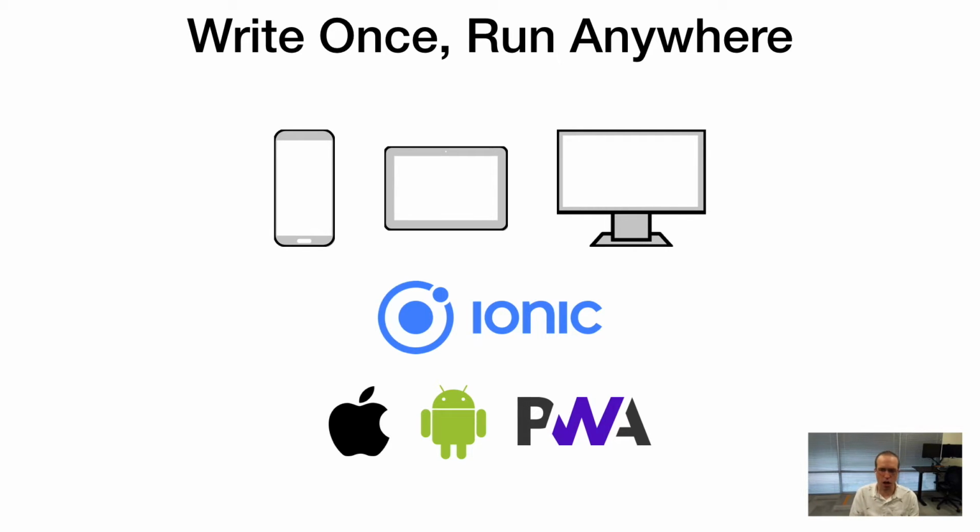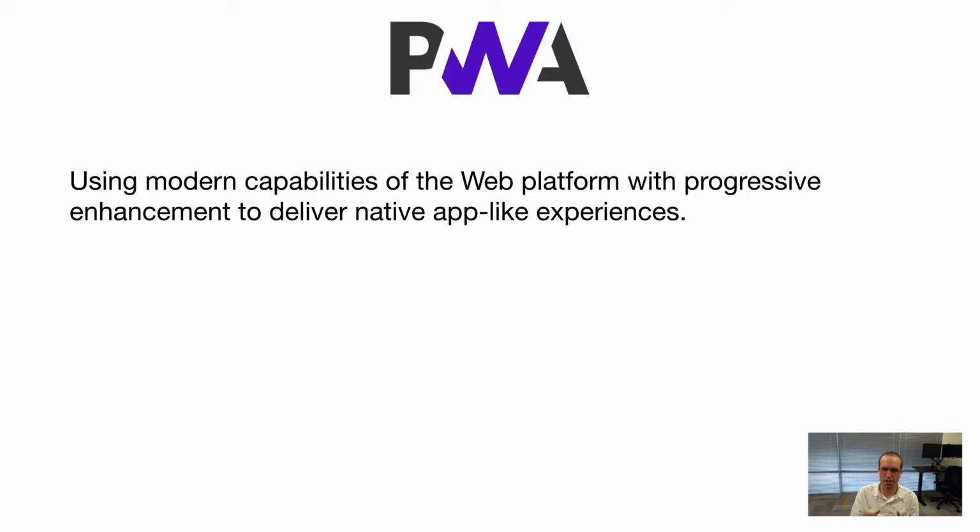Progressive web apps, let's talk about that a little bit. What does that actually mean? Because not everyone might be familiar with progressive web apps. So there's no official definition of what a progressive web app is, so this is my definition. Using modern capabilities of the web platform with progressive enhancement to deliver native app-like experiences.